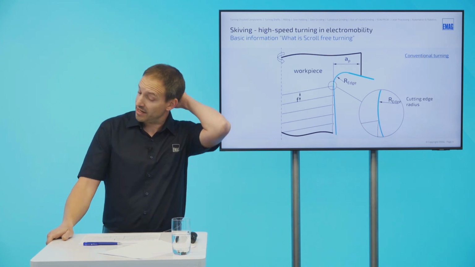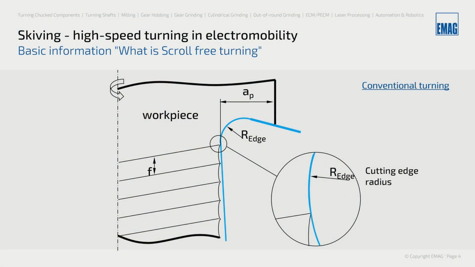This thread has the problem that it transports the oil underneath the sealing, and because of this, the surfaces which are in contact with the sealing diameter have to be lead free. With the skiving process, it's possible to produce a surface which does not have this transport effect for the oil.